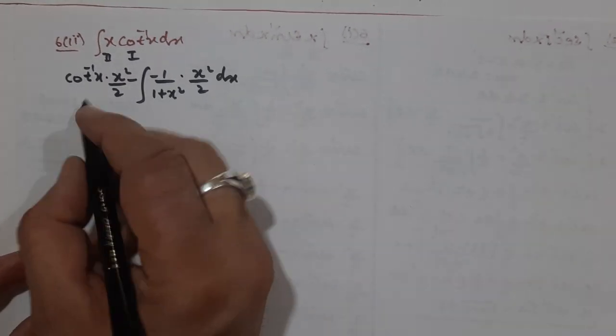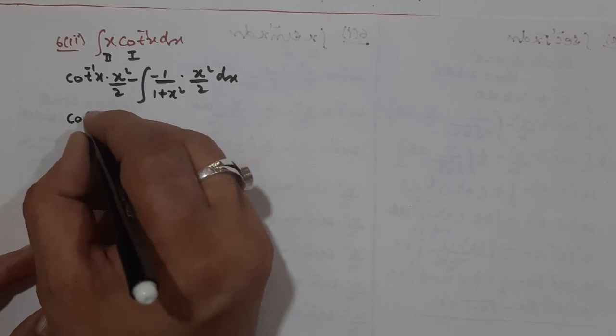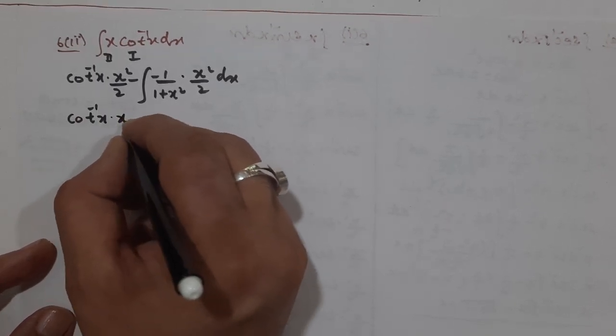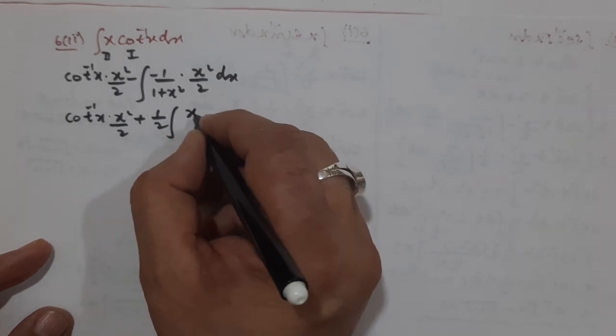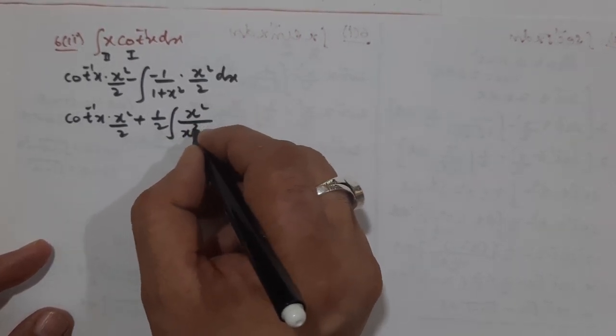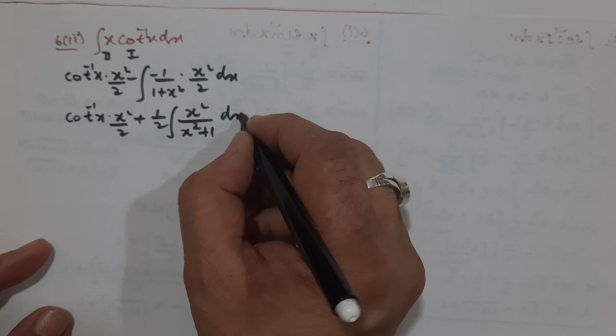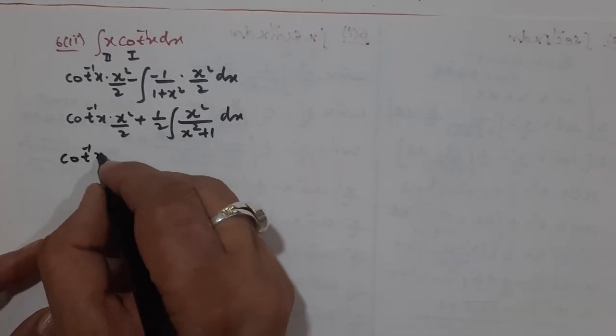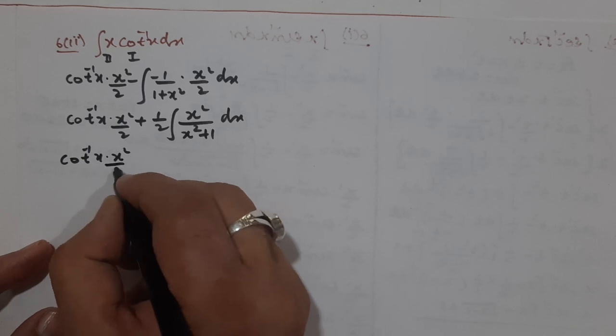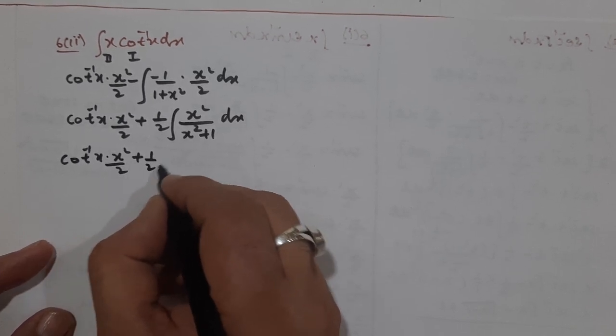So writing it again, we get cot inverse x into x square upon 2 plus 1 upon 2 x square upon x square plus 1 dx, like this. So we get cot inverse x into x square upon 2 plus 1 upon 2.